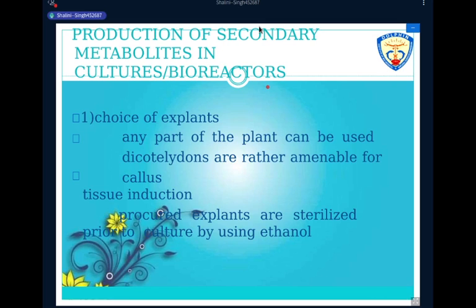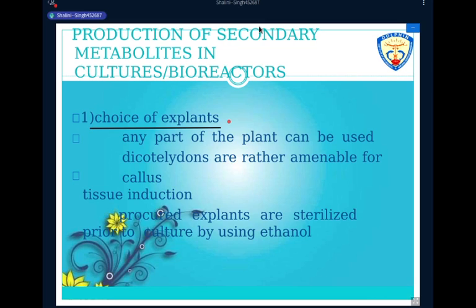For this, a very important part is the choice of explant. Why the choice of explant? As we know, these secondary metabolites are very specific to the particular organ of the plant. For example, mentha oil is produced by the mint leaves.